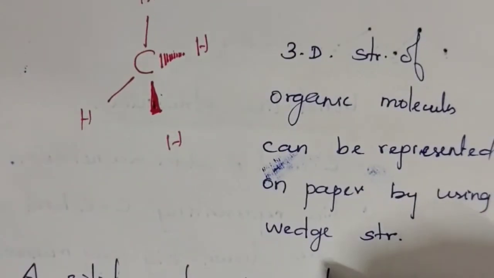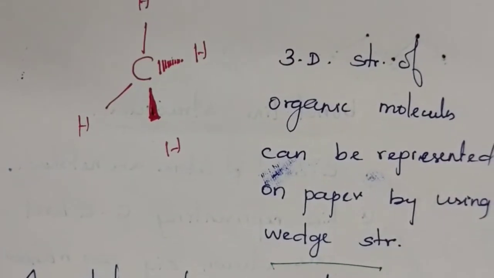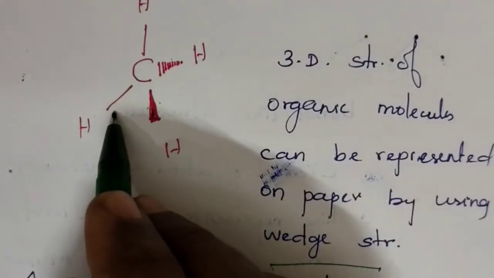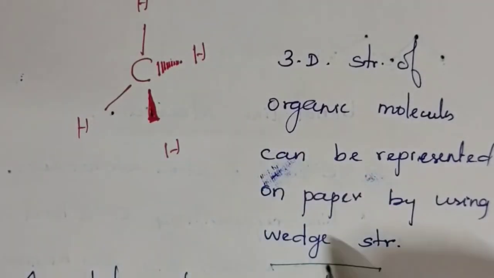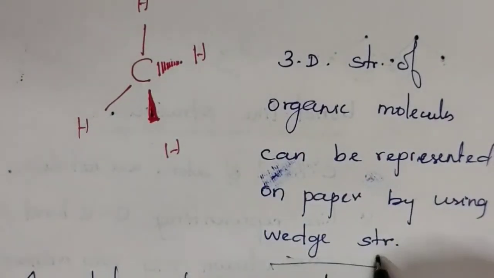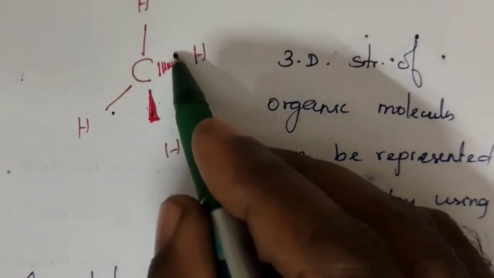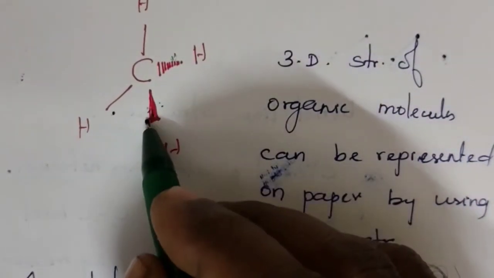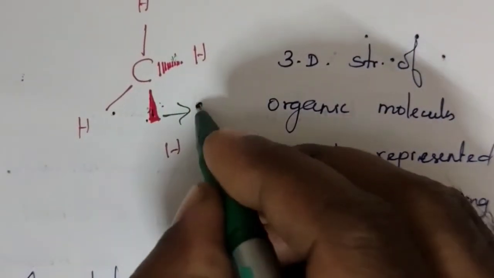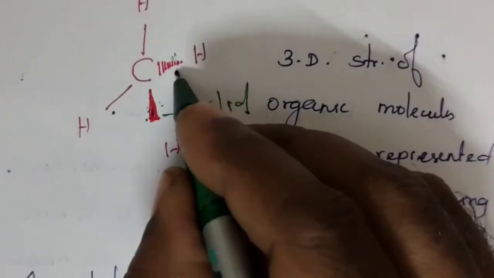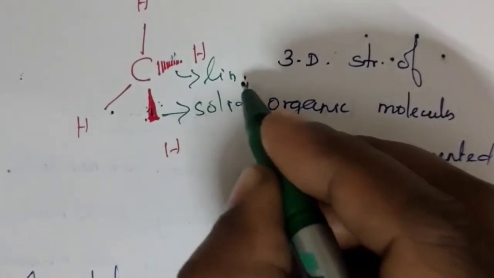So this structure is called wedge structure. Two types of wedges we are using. This type of wedge is called solid wedge. This is called dash wedge.